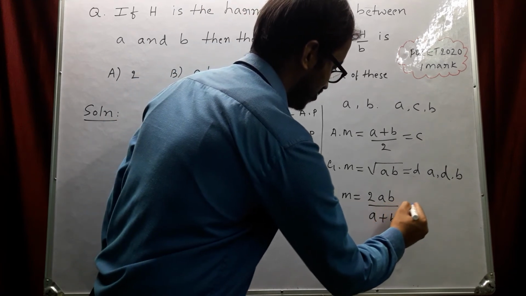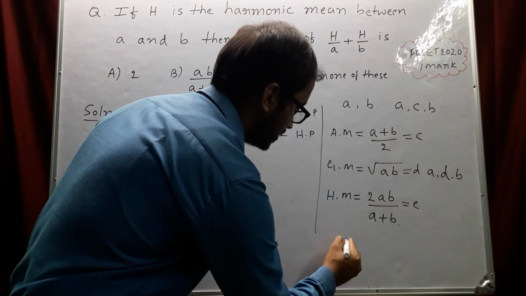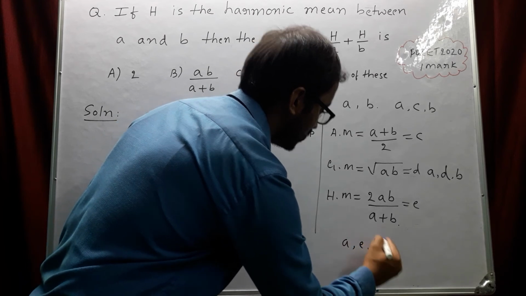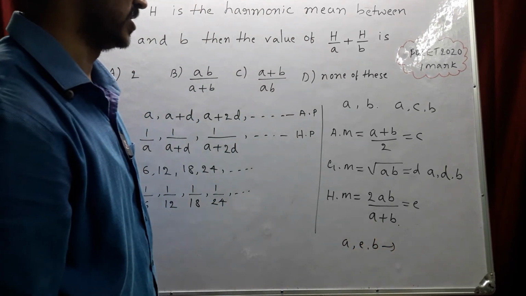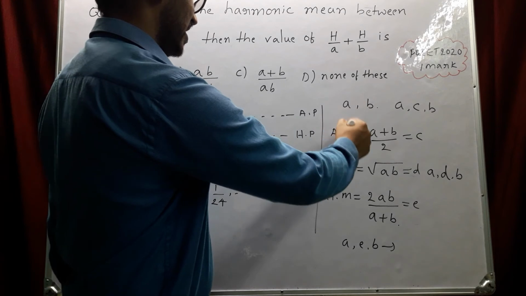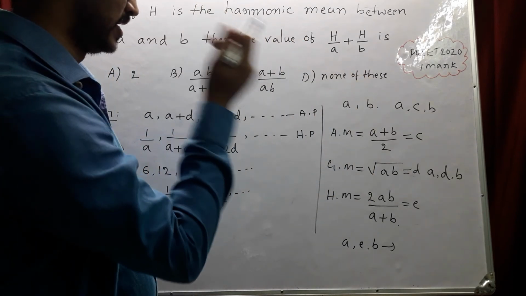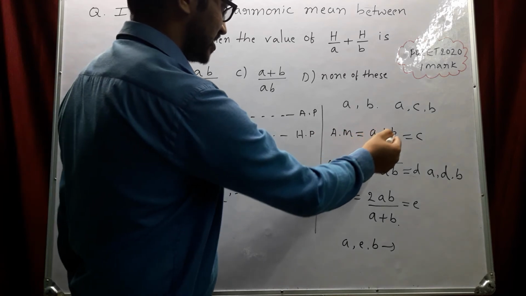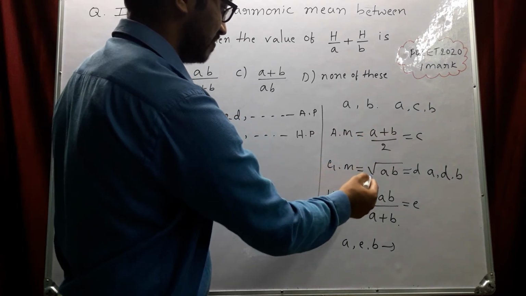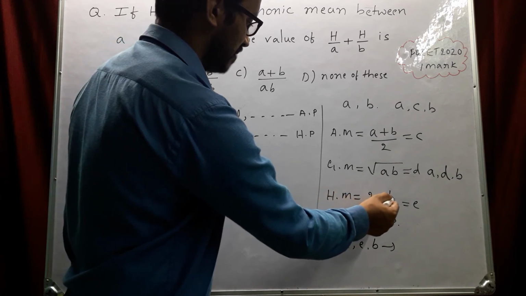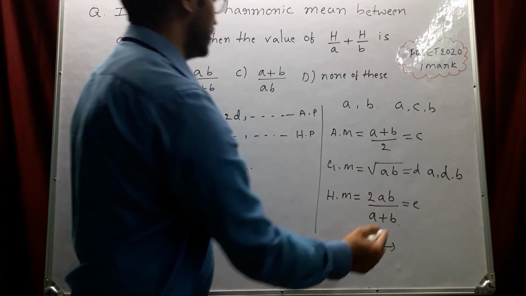If you take this value as some e, then a, e, b will be a harmonic progression. So you should remember these formulas. If a and b are any two numbers, arithmetic mean means (a plus b) by 2, geometric mean means root of ab, harmonic mean means 2ab by (a plus b).